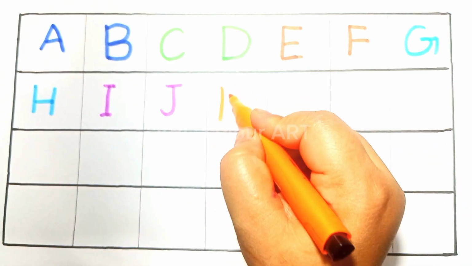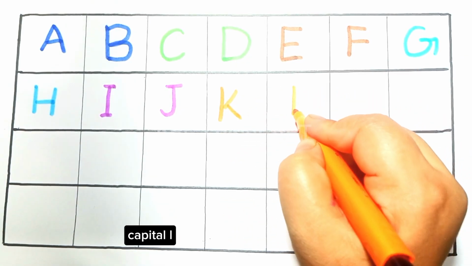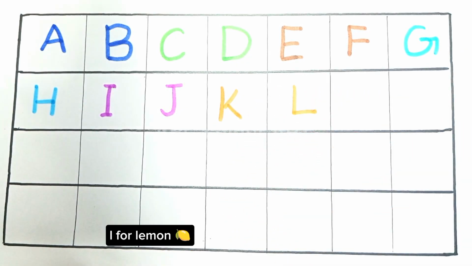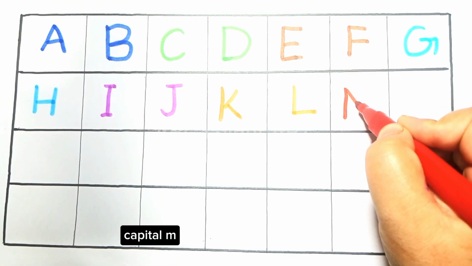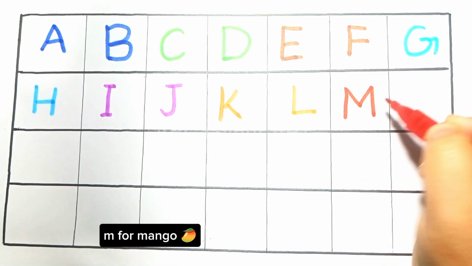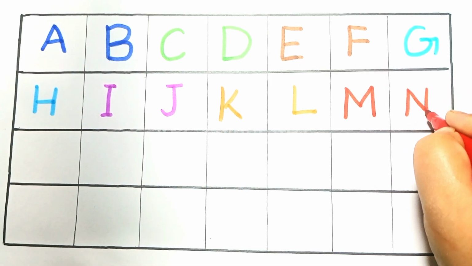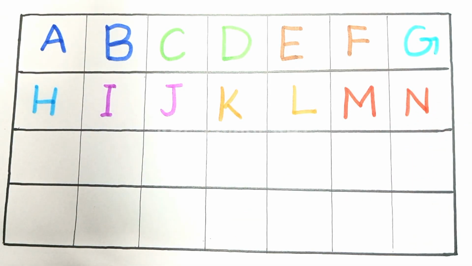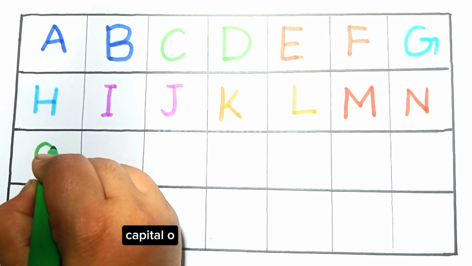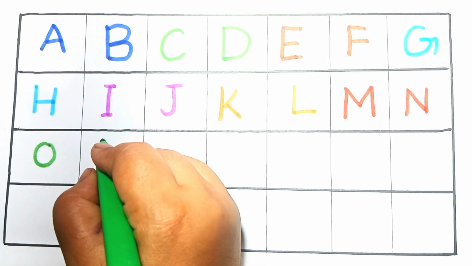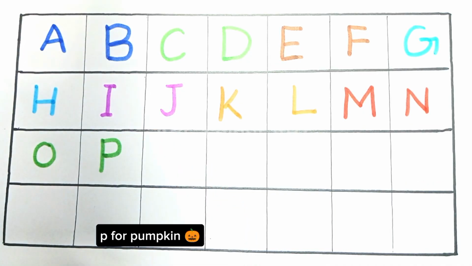Capital K for king. Capital L for lemon. Capital M for mango. Capital N for nose. Capital O for onion. Capital P for pumpkin.